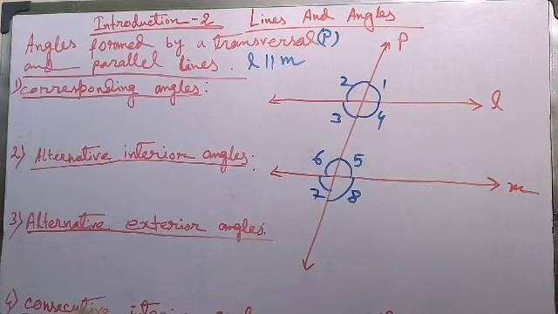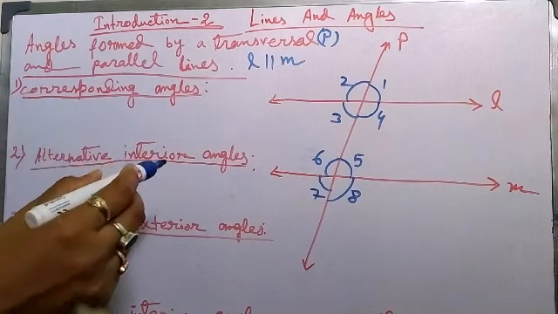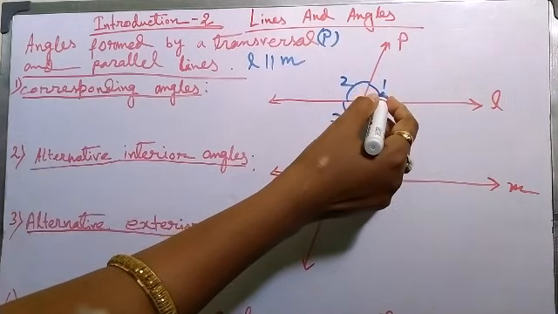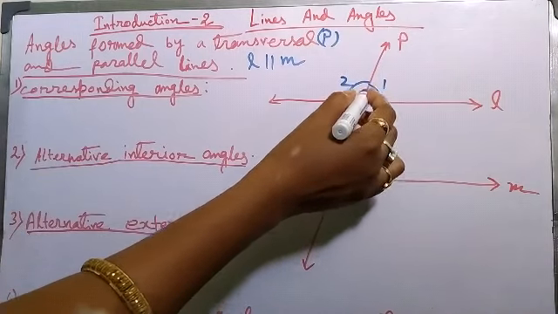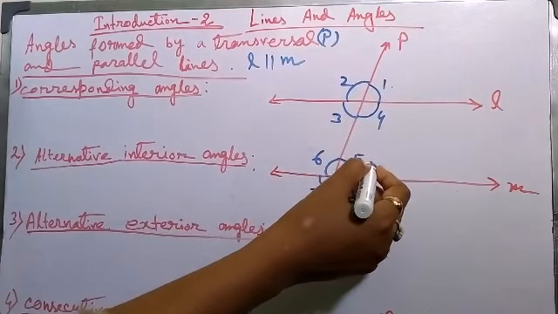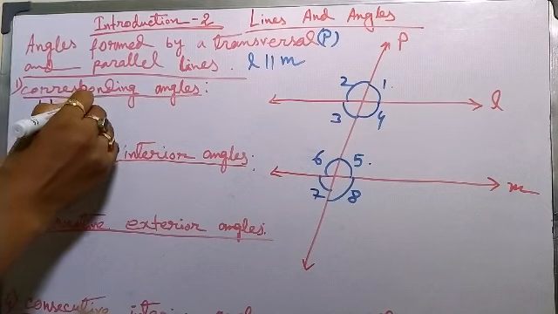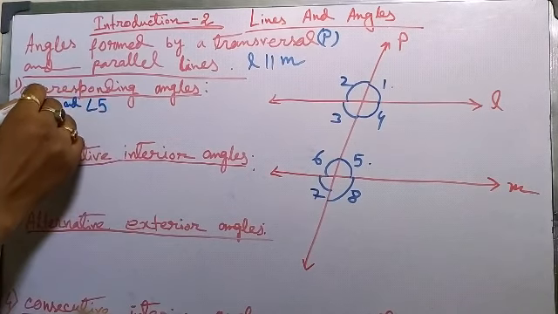Here the first one is corresponding angles. Corresponding angles means angles which are formed on the same side of the transversal. That means here 1 and 5, angle 1 and angle 5.